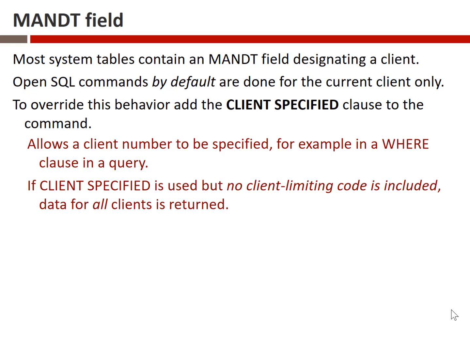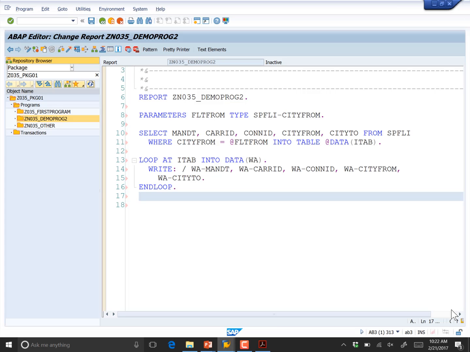Or if I use client specified, but I don't in any way limit the client, I basically just cross this out, then I am going to get back the data for all the clients in the database. See, what has been happening behind the scenes here is we look at this code and we say, okay, the system is going to go out to spfli and pull back, and let's just clean this up a little bit.